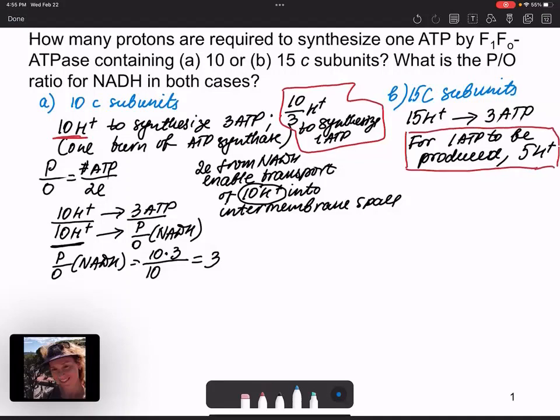Now, when we are determining the P/O ratio for NADH in case of ATP synthase with 15 C subunits, we follow the same logic. So we have, again, 15 protons that are required to synthesize 3 ATP, or you can say that 5 protons are required to synthesize 1 ATP.